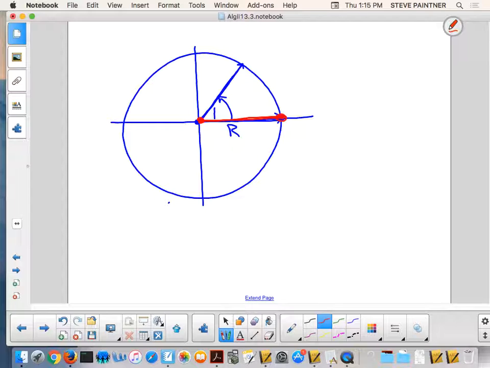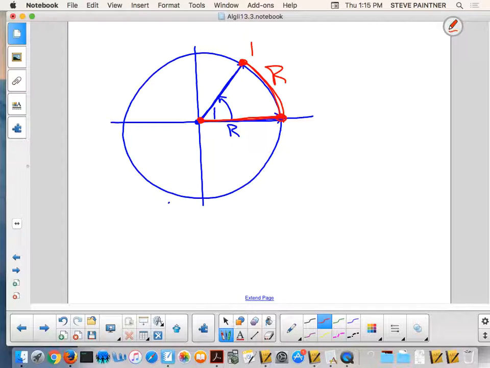If you could somehow pick up the radius off the screen and pretend it's a piece of string and wrap it around the circle to here, you end up right on that spot. How many radii have you wrapped around the circle right there? Just 1. So that's why we say this central angle is 1.